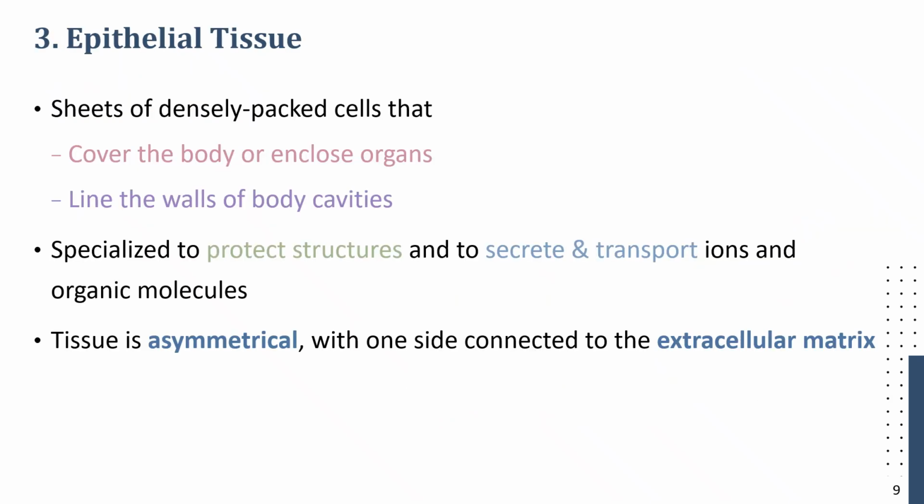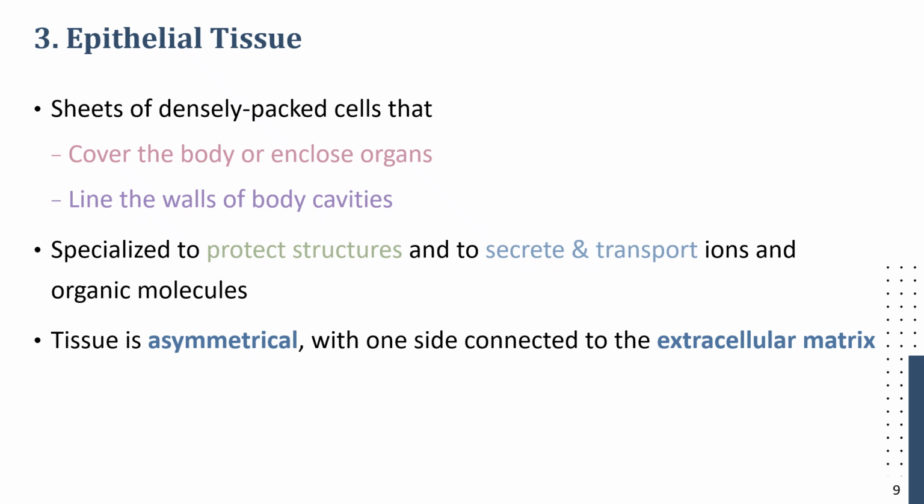Our third type of tissue is epithelial tissue. Our epithelial tissue acts as covering and protection for the organs in our bodies, and it also acts to line the walls of our body cavities.